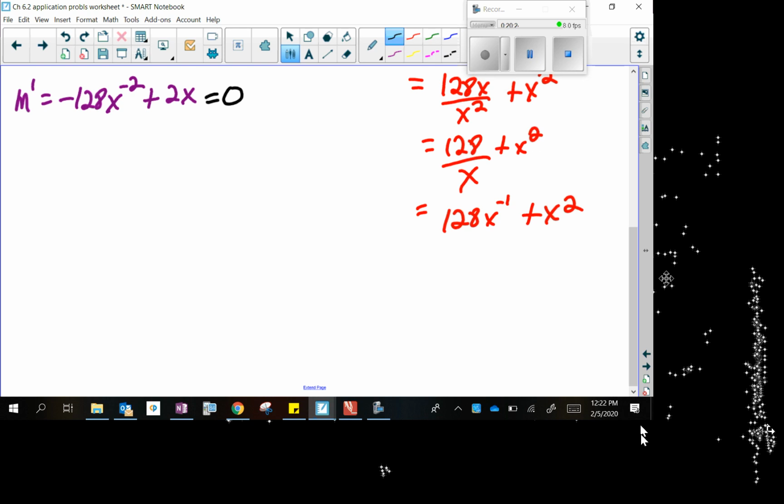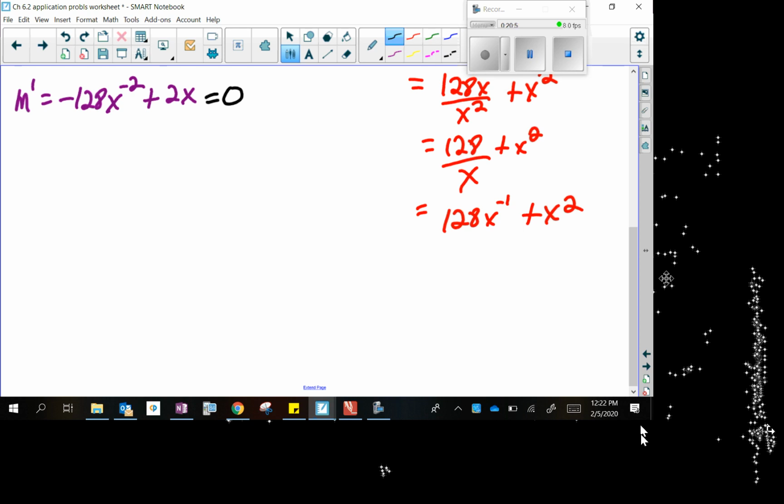So how do we solve? Here I just wrote the equation and rewrote it because I'm getting ready to take the derivative.